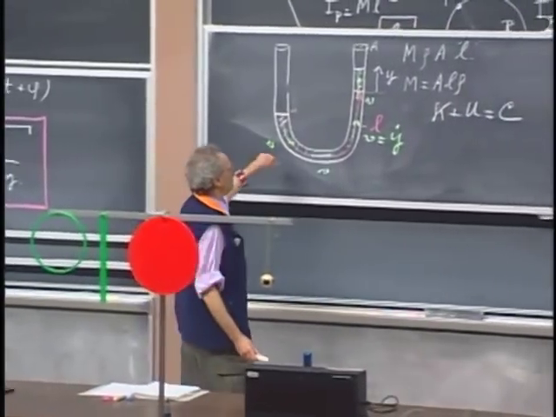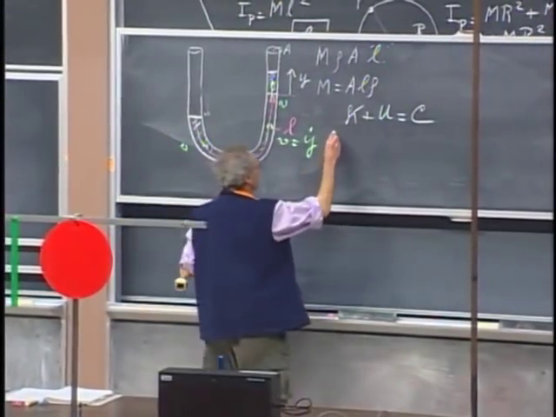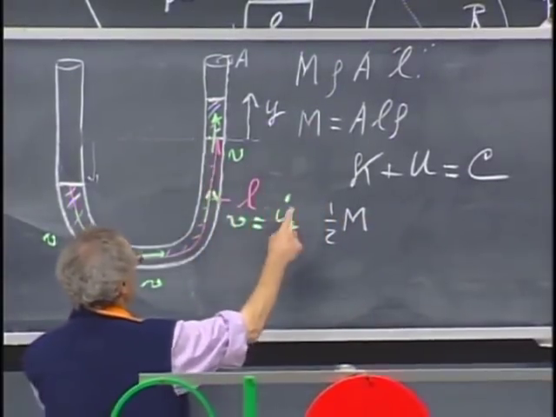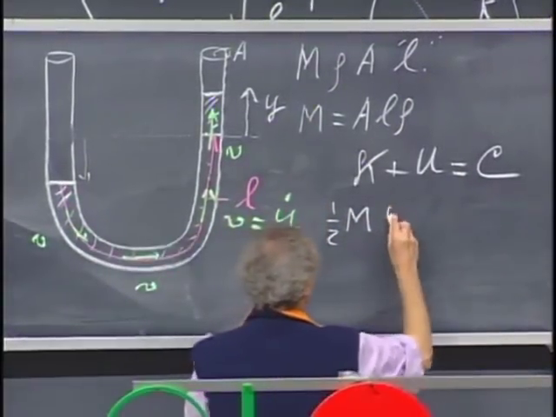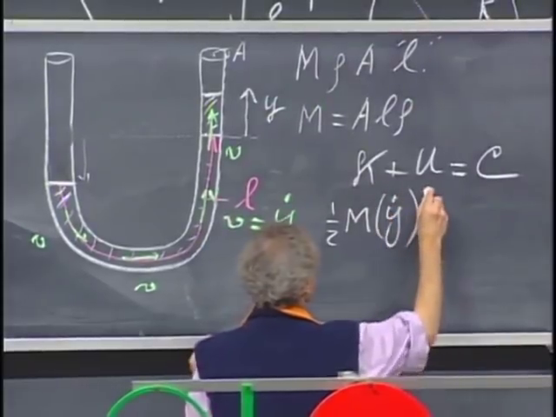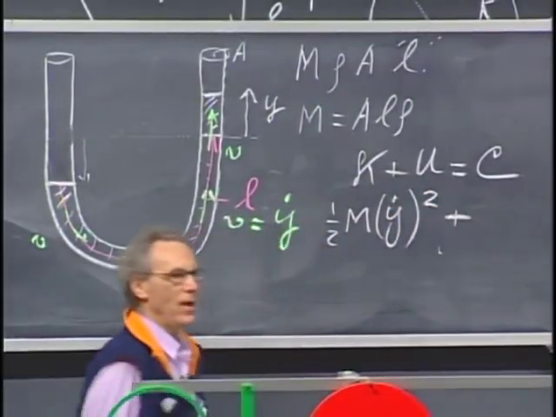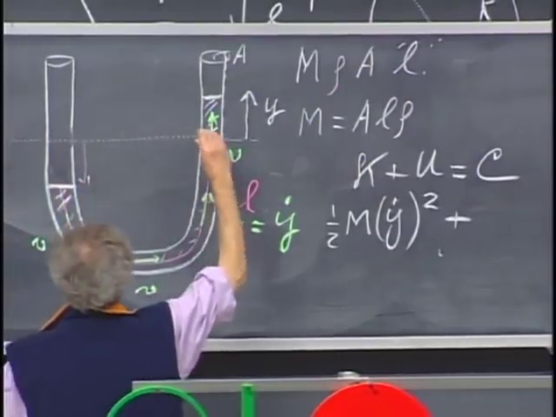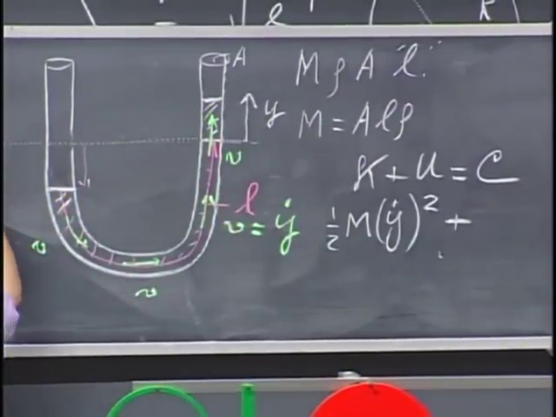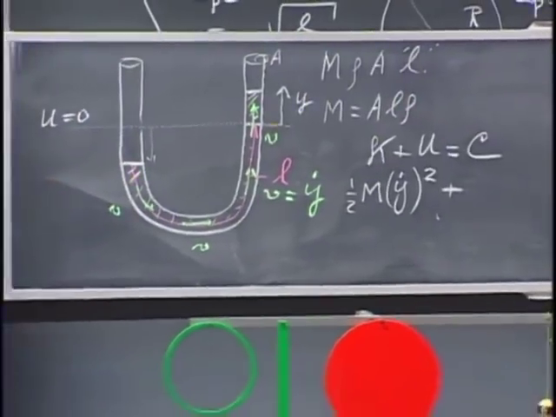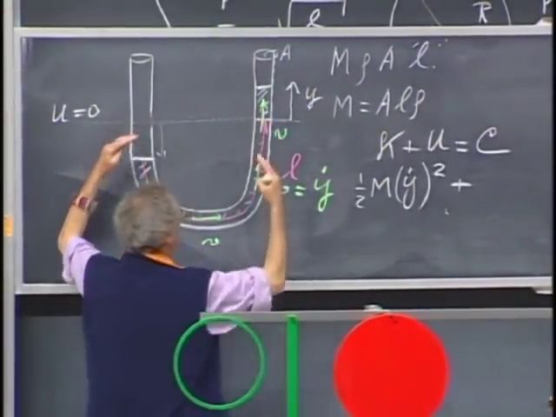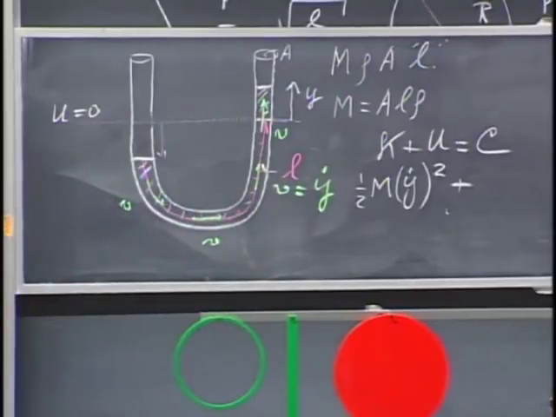The kinetic energy of the liquid is easy. That is 1/2 m times the velocity squared, and the velocity we agreed is y dot squared. Now the potential energy. I call that U equals 0 when the liquid is standing here and the liquid is standing here, I call that potential energy 0.